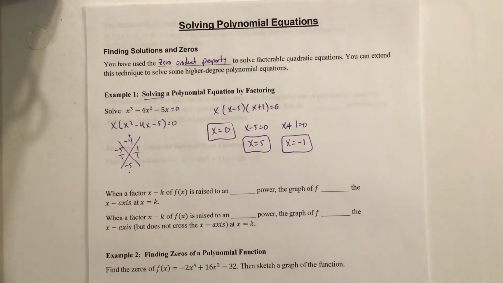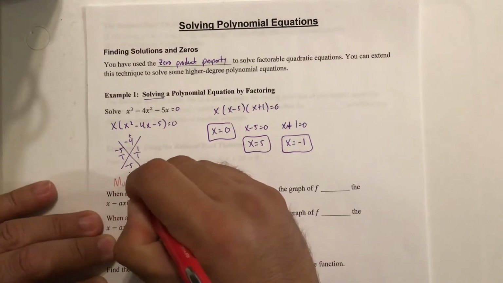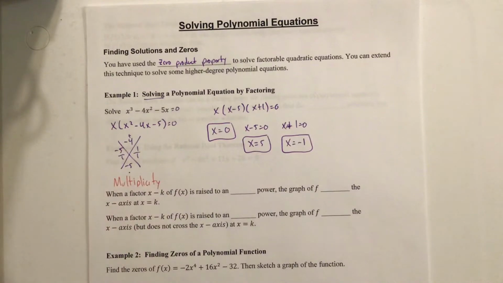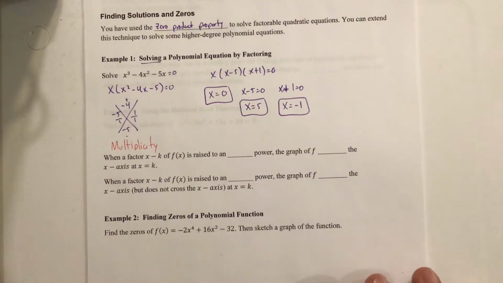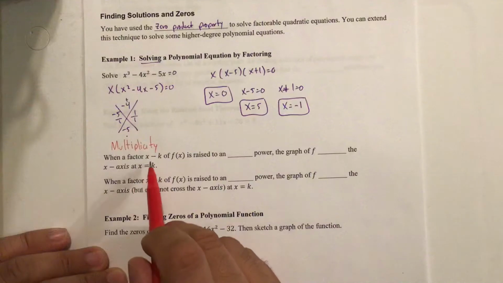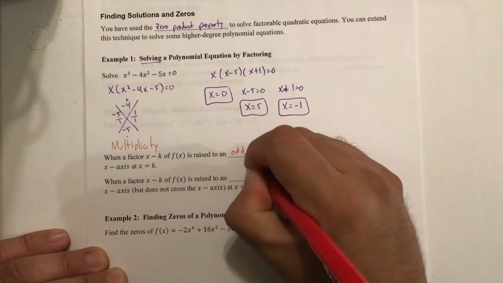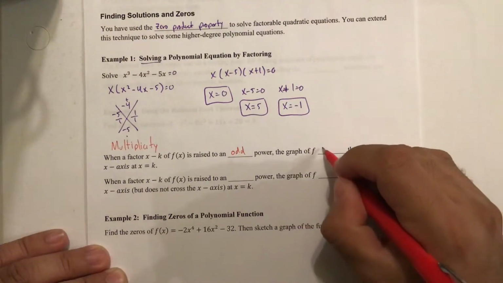All right, now for the next thing, this next part is called multiplicity. It talks about what happens when the solution is approaching the x-axis. As the solution hits it, what actually happens to the graph? Our first thing says, when a factor of x minus k of f of x is raised to an odd power, odd being 1, 3, 5, 7, 9, and so on, the graph of f is going to cross.